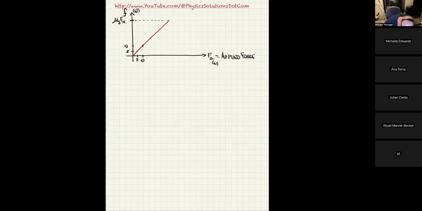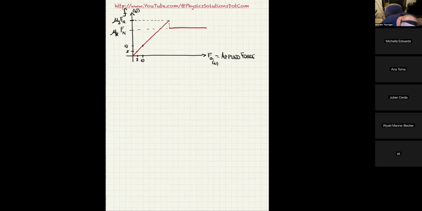And then all of a sudden, what you'll see is that force will now drop down to some other quantity, and that new quantity is mu kinetic times the normal force. So that's the actual way that the applied force acts with regards to the friction force.